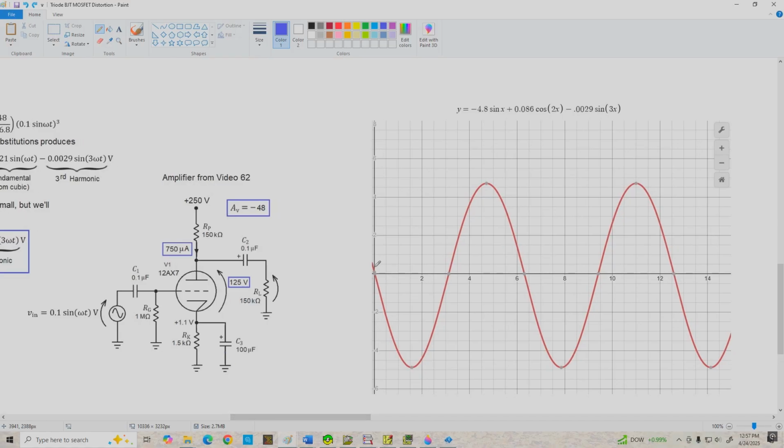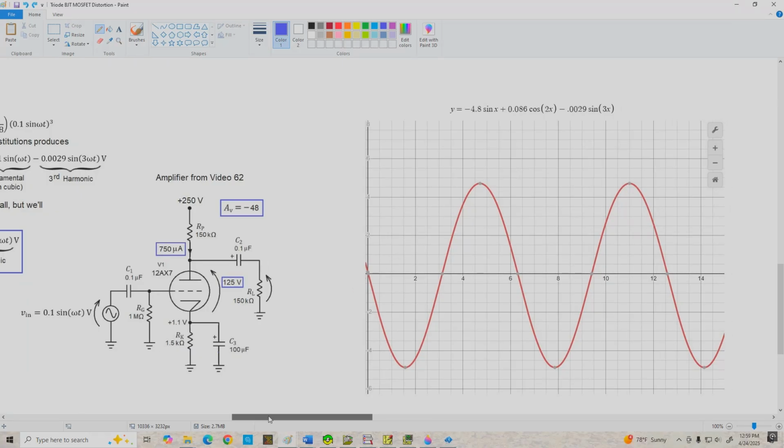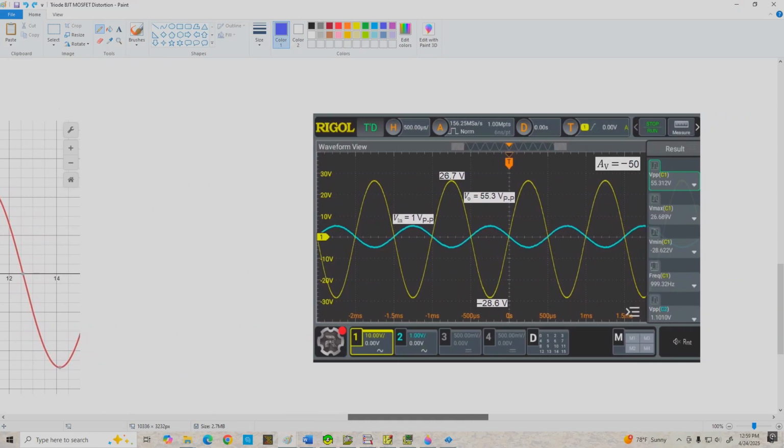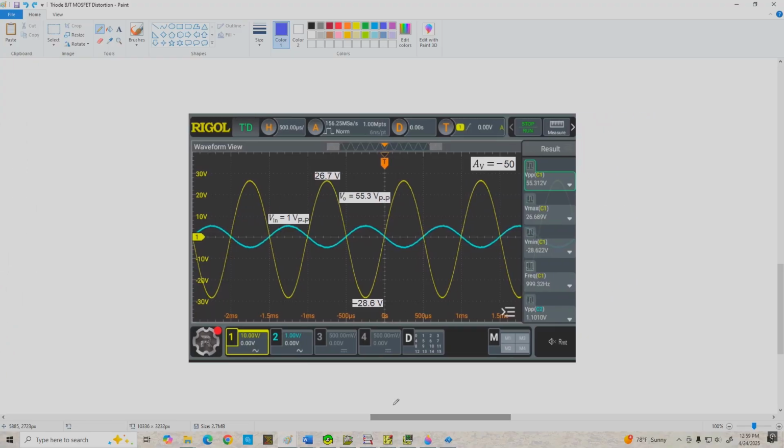And you can see that really there's not any distortion visible here, and that makes sense. It's only 1.8% THD, so this looks pretty good. Now let's go over and take a look at some oscilloscope traces we got from the experimental circuit. In this case, we've got an input voltage of roughly 1 volt peak to peak, and we're getting about 55 volts peak to peak on the output.